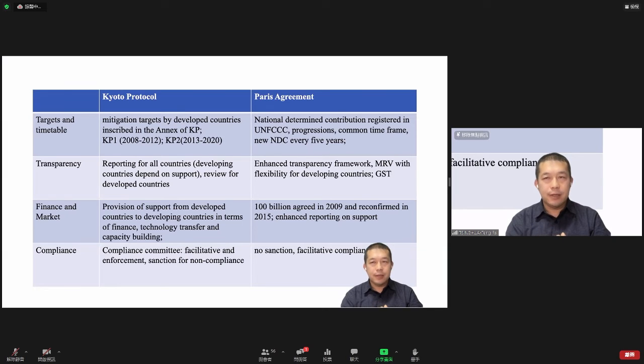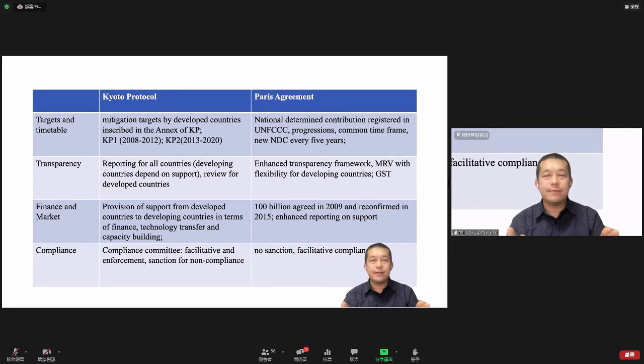But for the Paris Agreement in 2015, we used the concept of nationally determined contributions, and we registered those NDCs not within the treaty, but on the website of the UNFCCC.